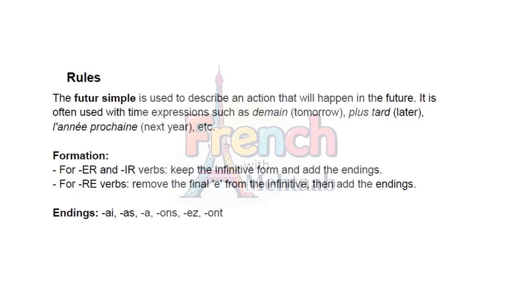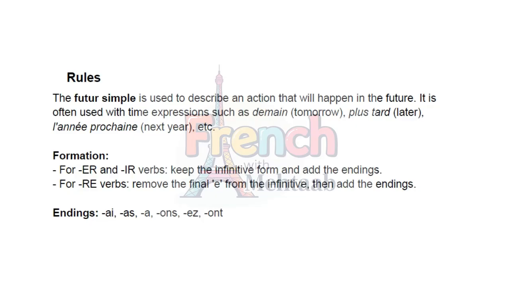First of all, the futur simple is used to describe an action that will happen in the future. That means we use this tense to describe actions which are going to happen in the future. It's often used with time expressions such as demain. Demain means tomorrow. We are going to do something tomorrow, so it's a future action.